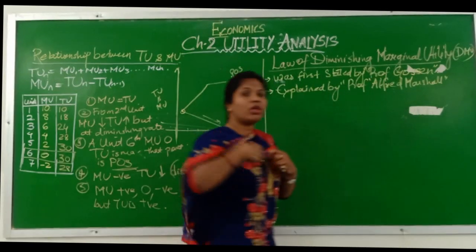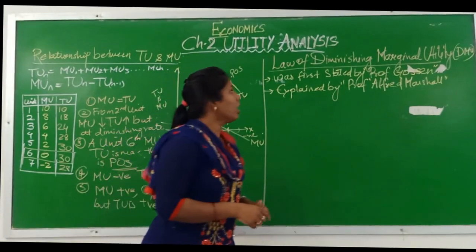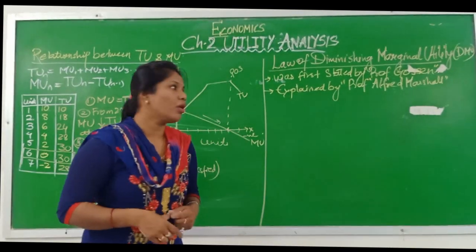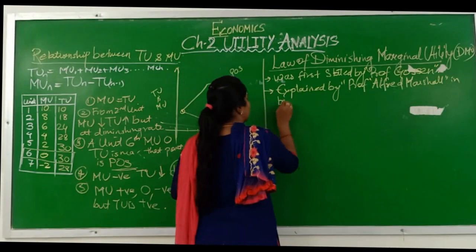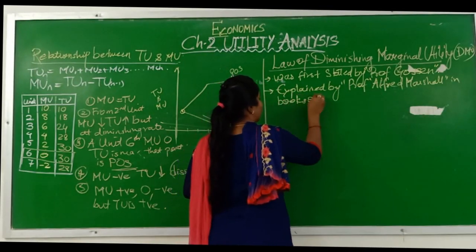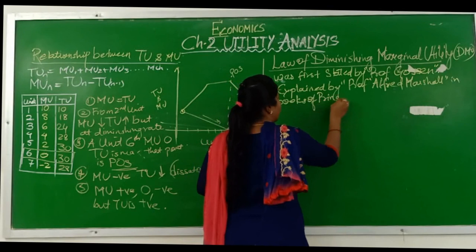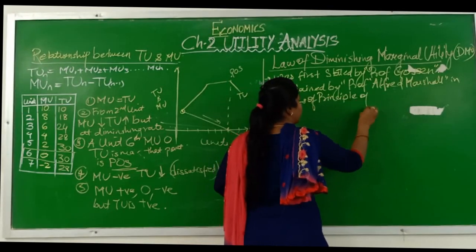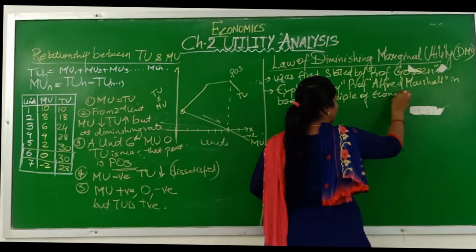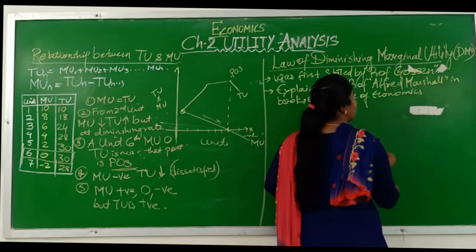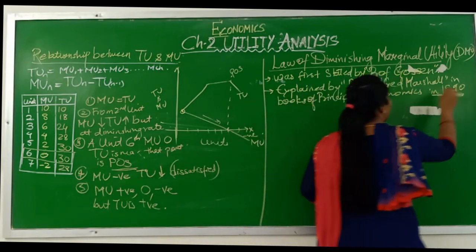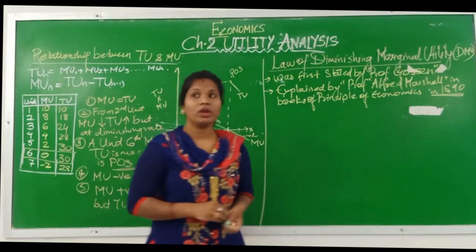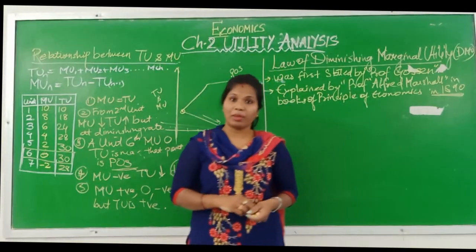Who explained this? Professor Alfred Marshall in the book Principles of Economics in the year 1890. Important, note down what I am saying, it's very important.